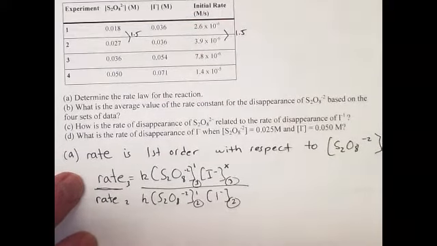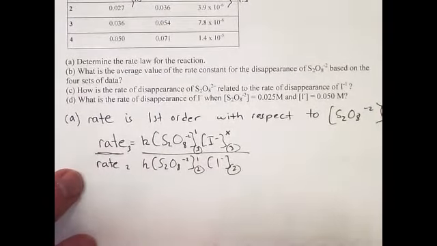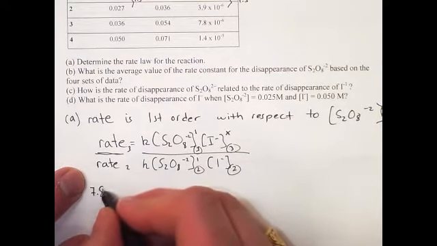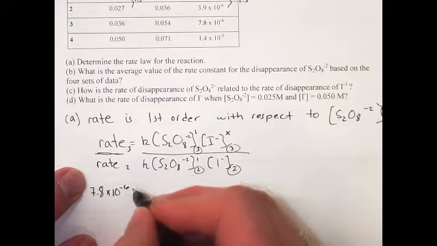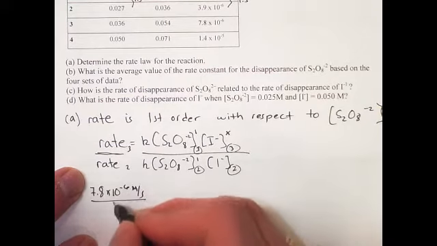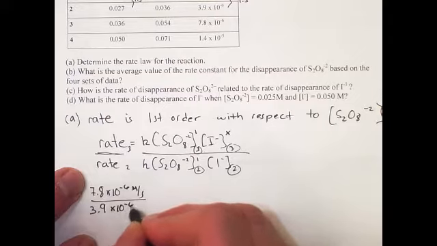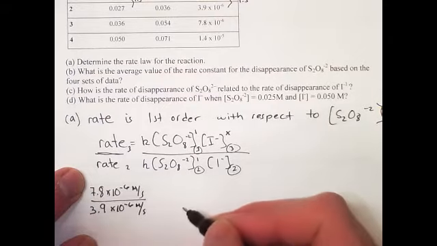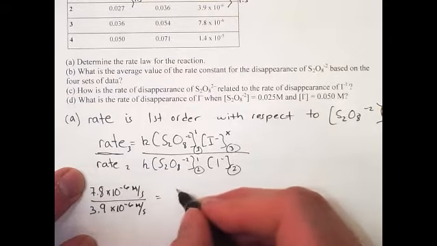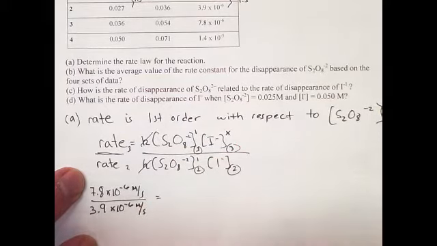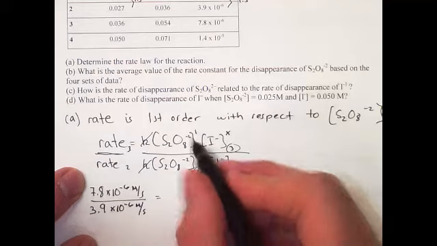Just write it out again like we would have on the front page. Plug in the data for experiment 3, experiment 2. The k's are going to cancel out in this case, so I don't have to worry about them.